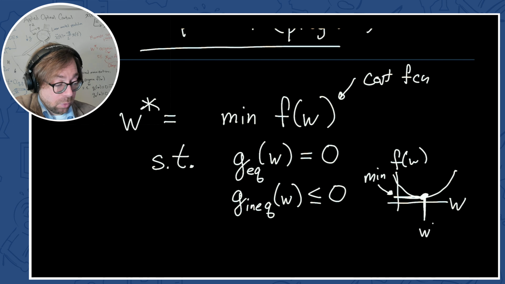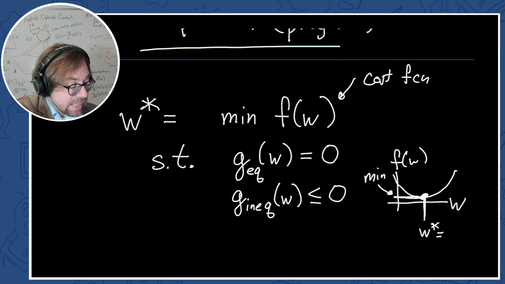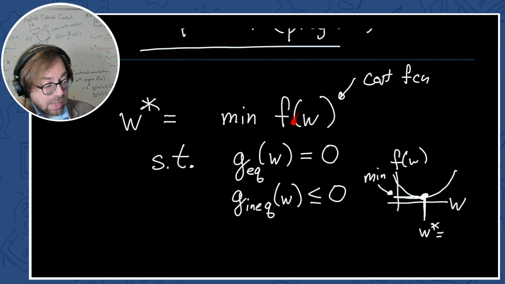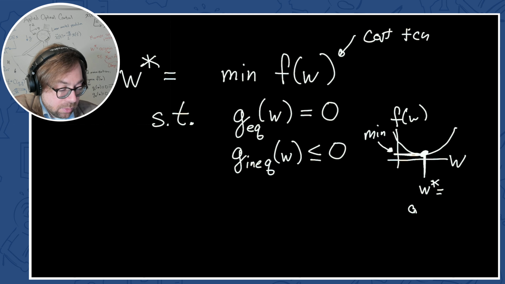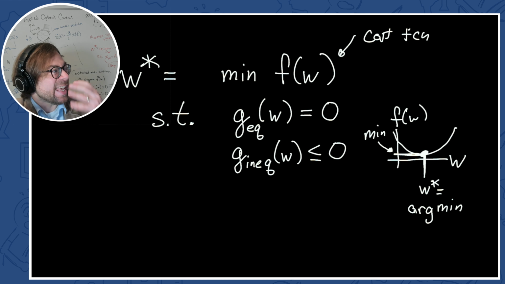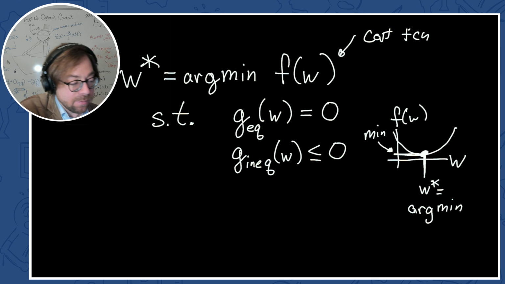So we'll call that w star, which is equal to, we don't say the minimum. What we want is the input argument to the function, the w, that gives us the minimum. So we call that the arg, A-R-G, min. We want the input argument that gives us the minimum. So that's arg min.